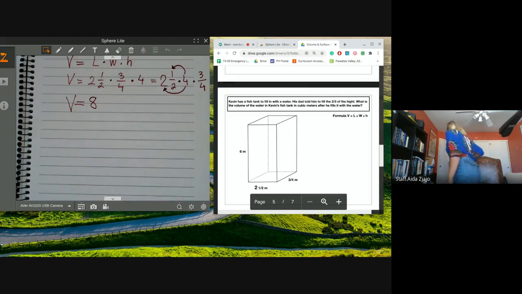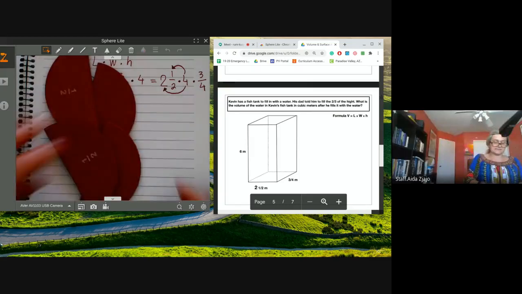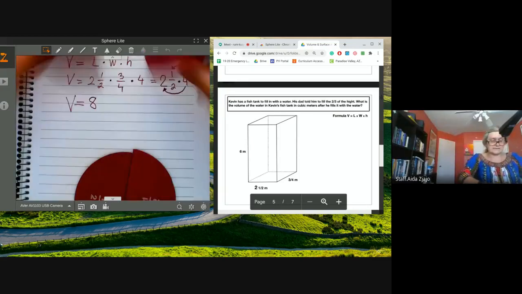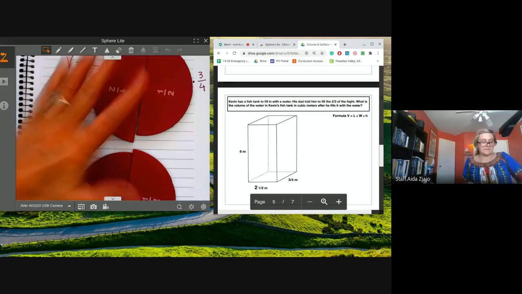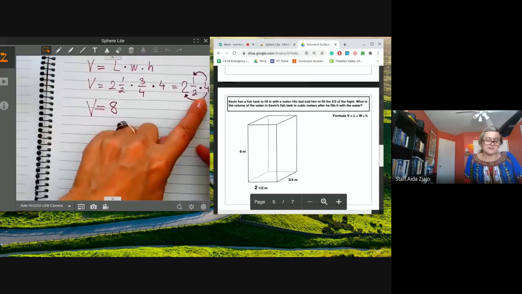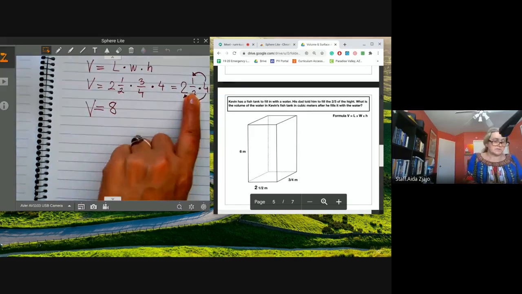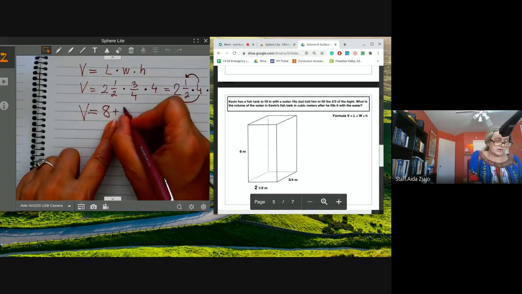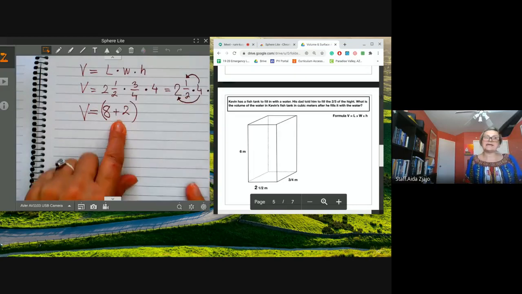Does somebody know what 4 halves is going to make? If I have 4 halves, 4 groups of half, what do I really have? 2 wholes, yes. So I know that 4 halves will make 2 wholes, so you practically get 10.